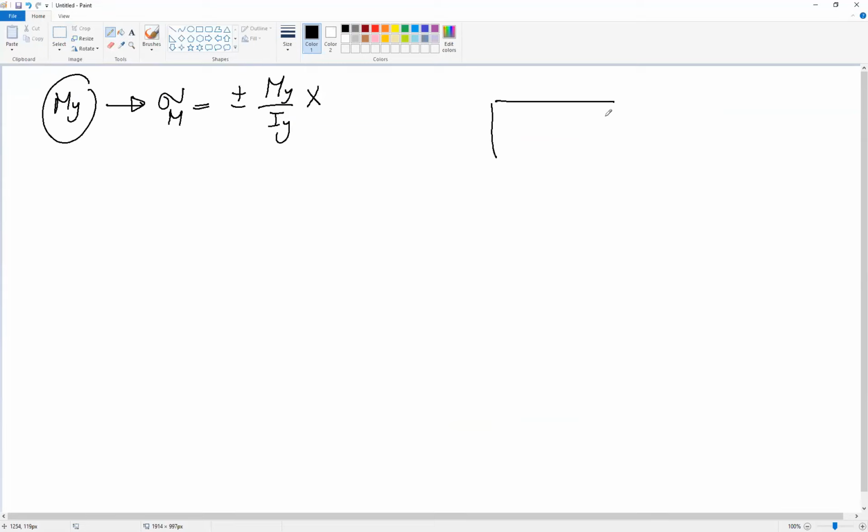And this is the same cross section, this is the x-axis, and this is the y-axis. If we have My, meaning moment about y, this is My. Here the datum again should be parallel to the moment, so this is our guideline, and this is our datum.